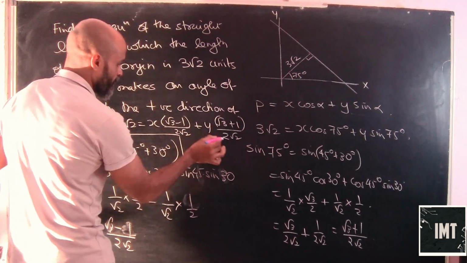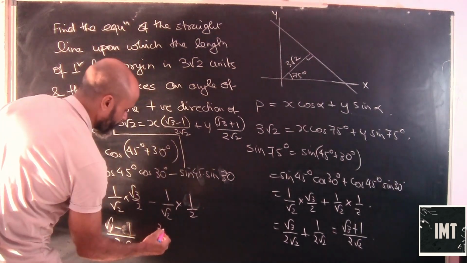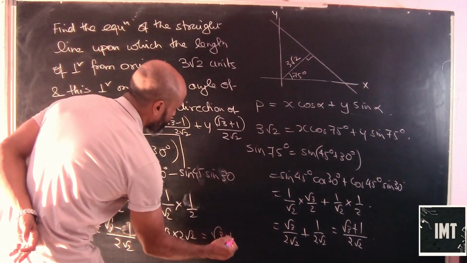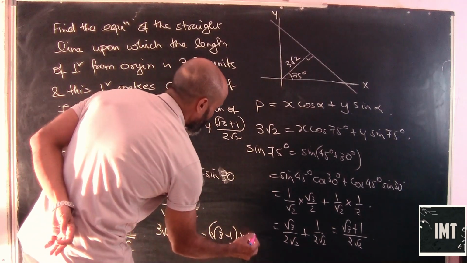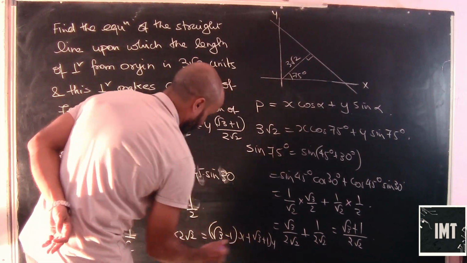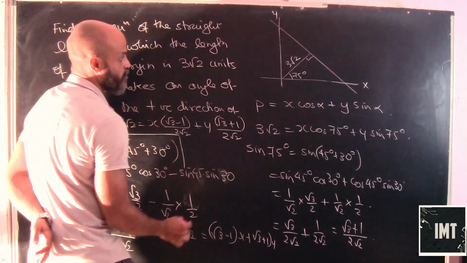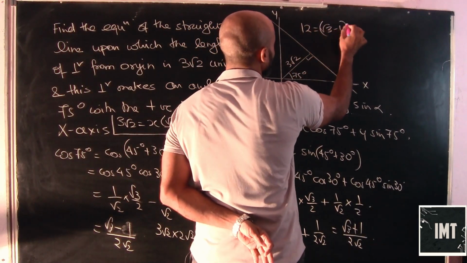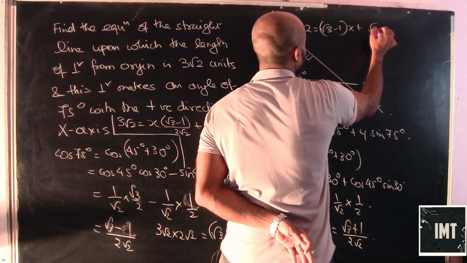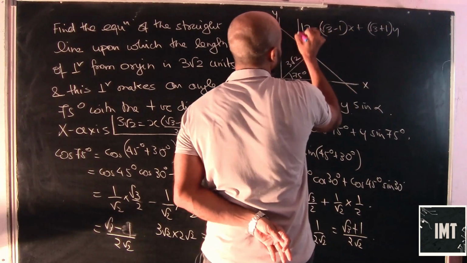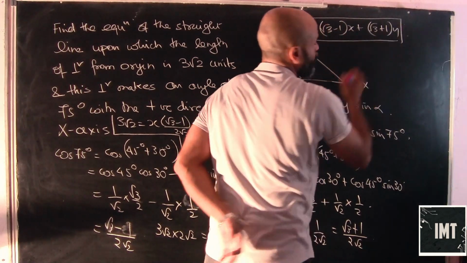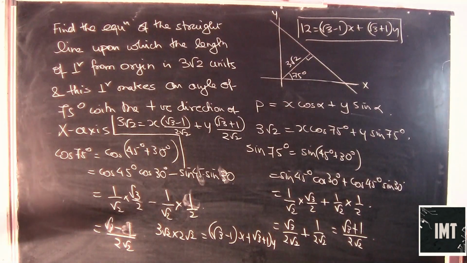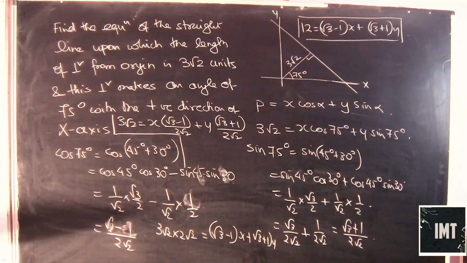So if I multiply 3 under root 2 into 2 under root 2, it is equal to under root 3 minus 1 into x plus under root 3 plus 1 into y. 3 2s are 6, 6 2s are 12. So 12 is equal to under root 3 minus 1 into x plus under root 3 plus 1 into y. This will be the equation of the line. Okay, so you can take a snapshot and we will proceed ahead with the next.